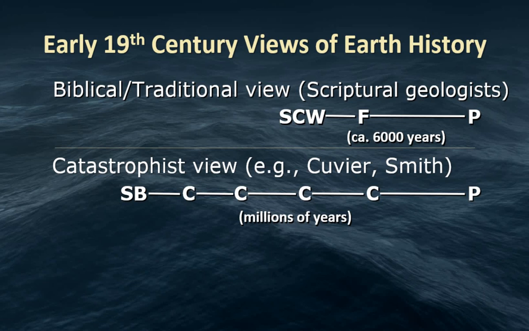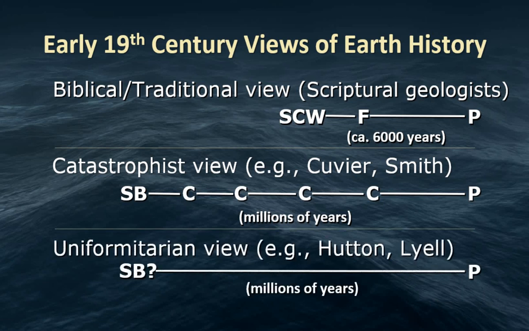This view reigned in geology for about 30 years. And then by about 1830, it was replaced by the uniformitarian view. This view held to no regional, no global flood, no global catastrophes in Earth history.